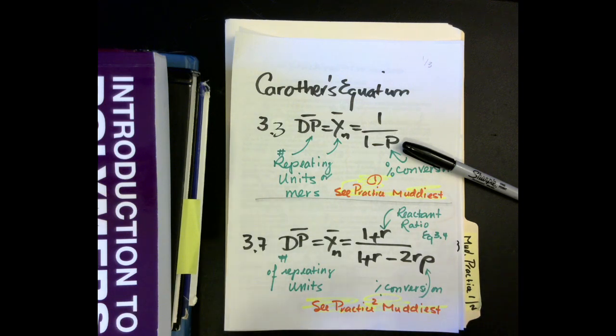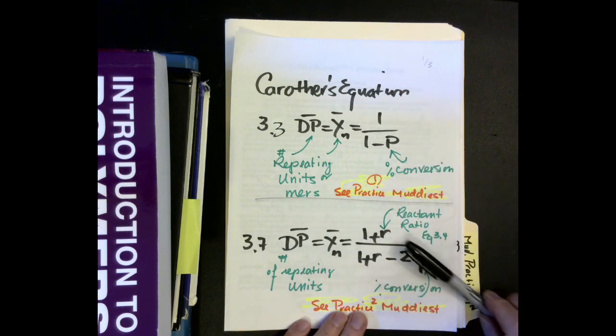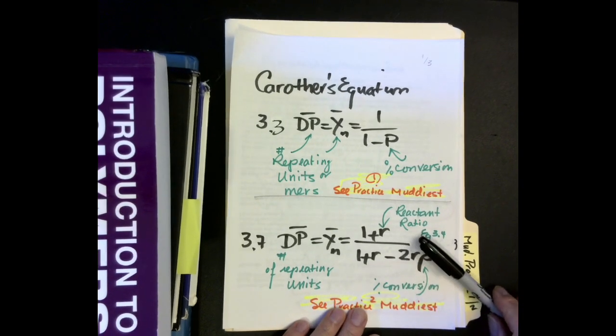Now what if we don't have the balance between the two monomers? Then we use equation 3.7. Now 3.7 is a little bit different, but again, this is a science course, so we have to know how to use a formula with different numbers.